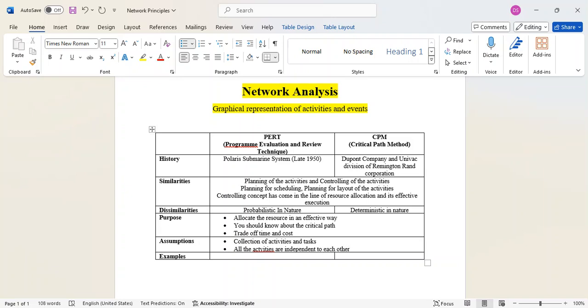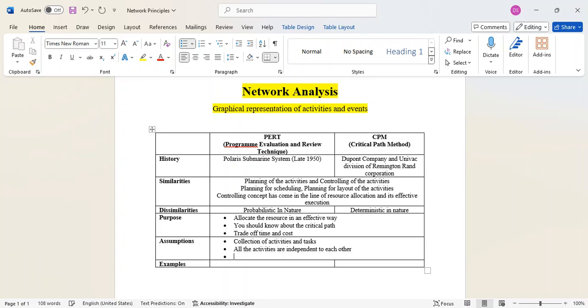Though a number of activities are there in the network analysis, all the activities require some resources in the context of time or whatever you can connect in the line of resources, but they are independent of each other. It doesn't mean that when one activity is going on, it will impact another. Once resources have been connected with one activity, it has no connection with the resources that have been taken by another activity in the same project.